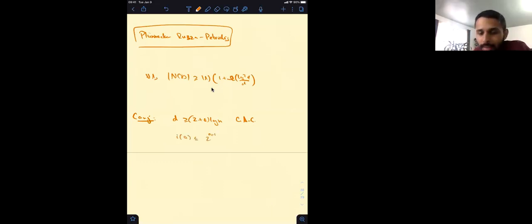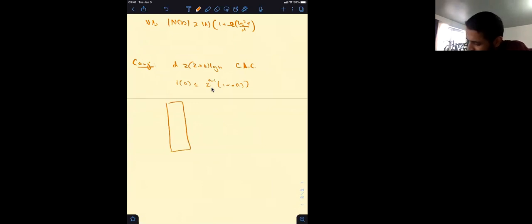Yeah, so the main thing is the conjecture that this should hold for B bigger than 2 plus epsilon times log n, and G is Cayley, of course, an Abelian Cayley graph. Then the number of independent sets is at most 2 to the n plus 1 times 1 plus o of 1. And again, I think the tight example is Z mod 2n, where you pick all even elements and odd elements, and the neighborhood of a vertex is a bunch of consecutive odd elements.